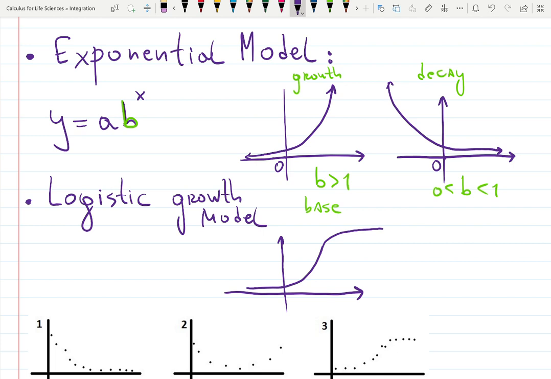So carrying capacity, the limit of y. And that will be your realistic roof of the growth or decay. This formula is more realistic. It's still exponential growth, but it has a carrying capacity, double R, don't forget.